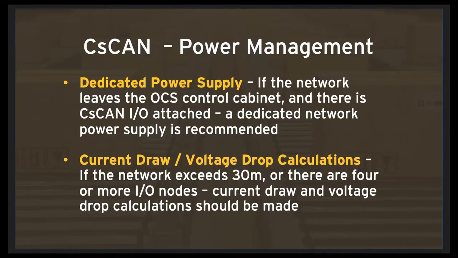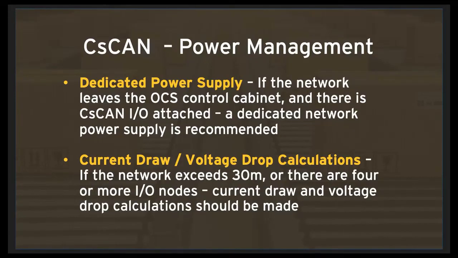Another good rule of thumb, if your network length exceeds 30 meters, or you have 4 or more I/O nodes, you really should do calculations on your total current draw as well as your voltage drop calculations, so that you don't end up with a situation where you have excessive voltage drop and then the I/O that is powered from the network doesn't have enough voltage to operate, or a scenario where you're drawing too much current from the network.